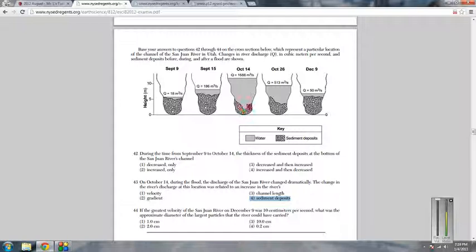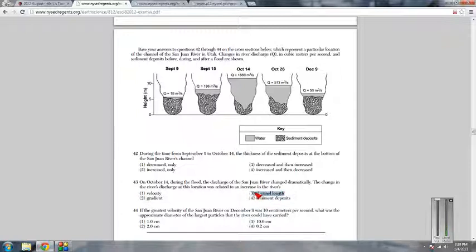Well, there are fewer sediment deposits here, but I don't know if that is really going to make it move faster, right? I mean, is the discharge of the river going to change due to the amount of sediment deposits? Not really. I know there's less there, and maybe you'd think that it's going to move faster because there's less deposits, but that's certainly not the correct answer.